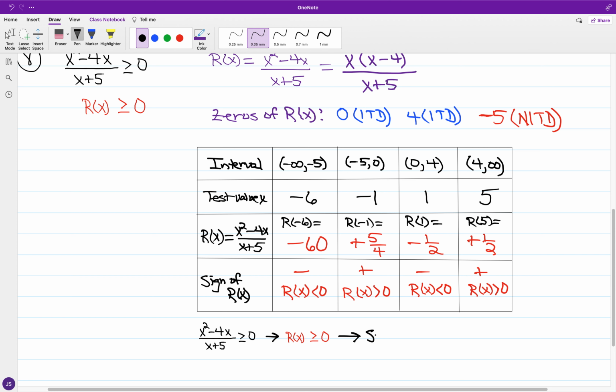For the solution, we have the same direction as greater than 0, so we're involving the limit values negative 5 and 0, as well as 4 and infinity.